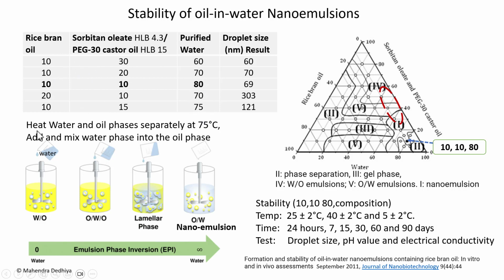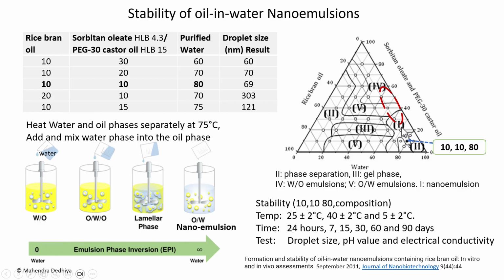The process used here is a laboratory or research process and uses the phase inversion technique, in which a water and oil emulsion is made, water is added, and it goes through a transition phase of oil, water, and oil emulsion through a laminar phase, and eventually to a nanoemulsion through phase transition. The phase diagram shows that in this region here, region 1, nanoemulsion is formed.